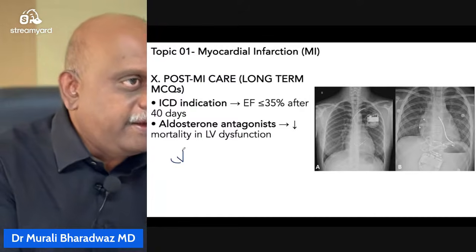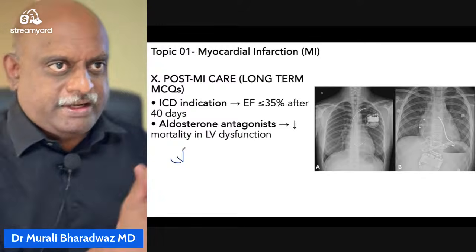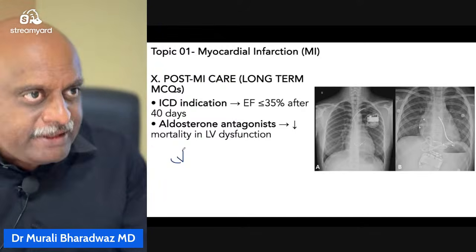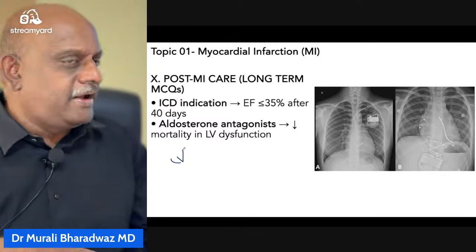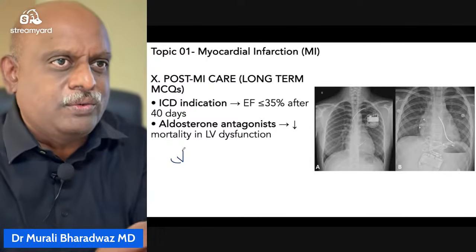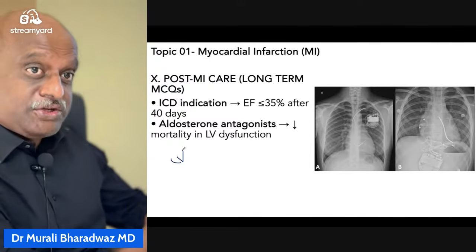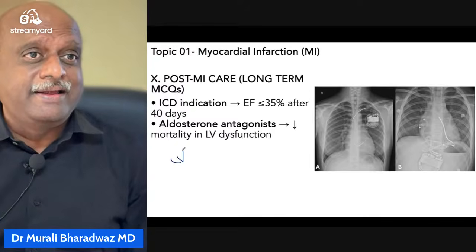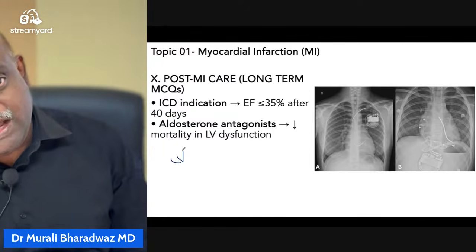LV infarction, decreased cardiac output, decreased renal plasma flow, decreased afferent arteriolar pressure, decreased GFR, decreased tubular flow, stimulates the juxtaglomerular apparatus to release renin. Increased renin increases angiotensin 2.